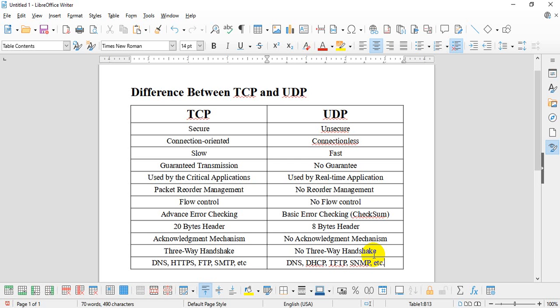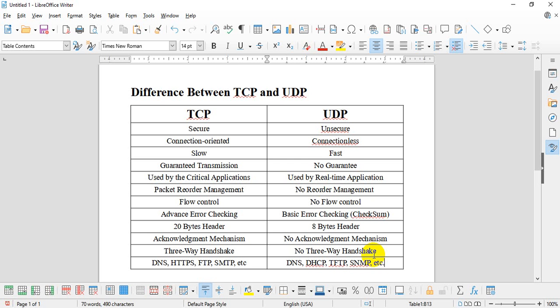In TCP we have advanced error checking, and in UDP only basic error checking like checksum. TCP has a 20-byte header, and UDP has only an 8-byte header. In TCP you have an acknowledgment mechanism, and in UDP you do not.